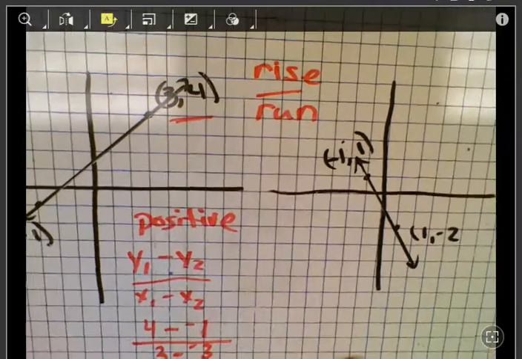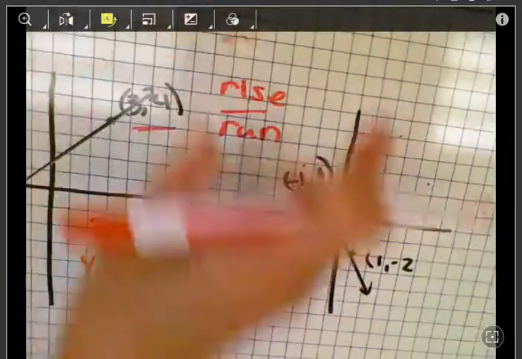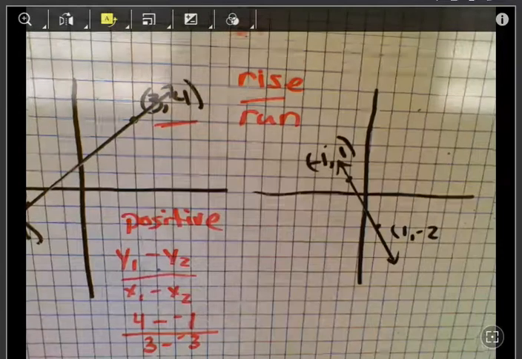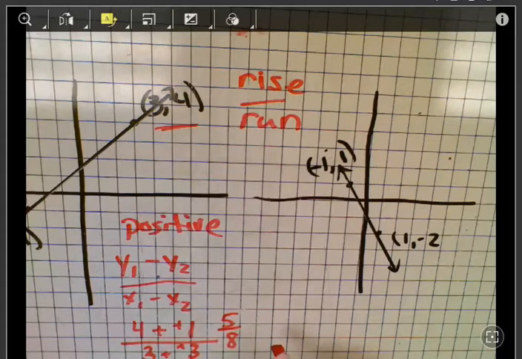So what you're going to notice is that 4 minus a negative is actually adding the opposite, or 5. So it's positive because they both ended up being positive numbers.